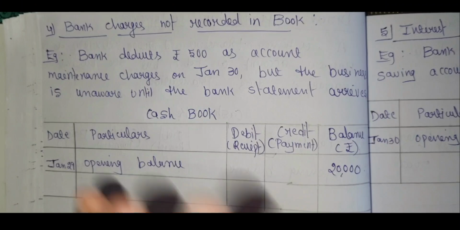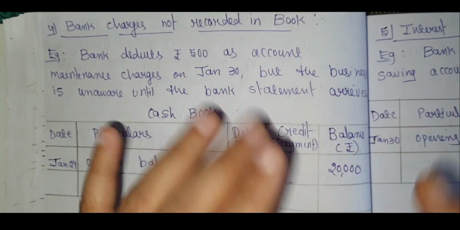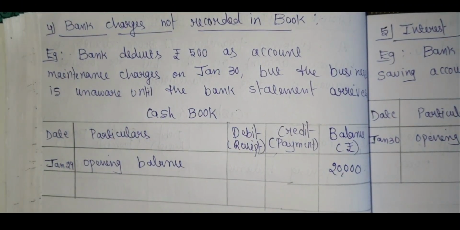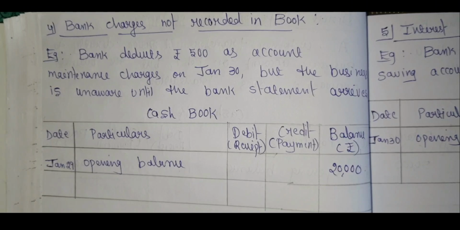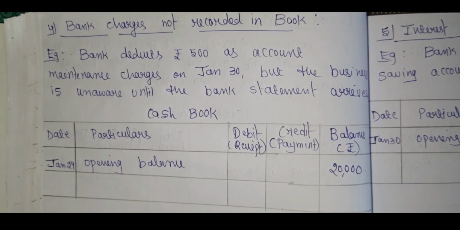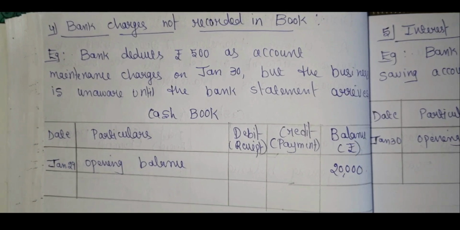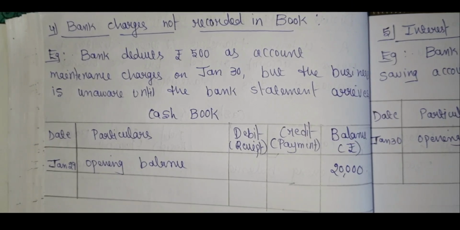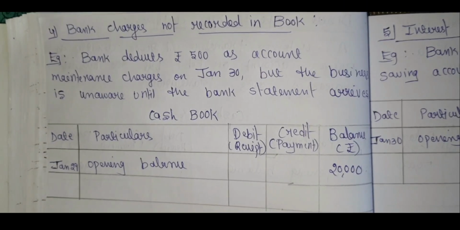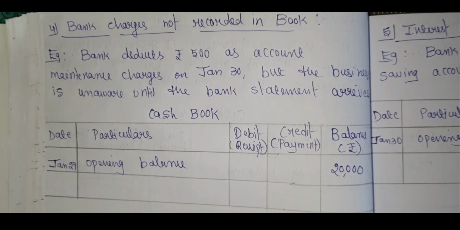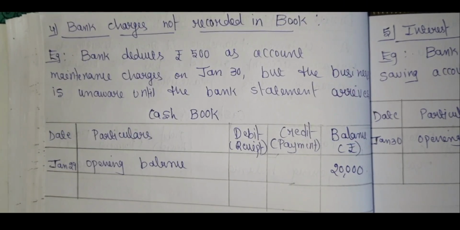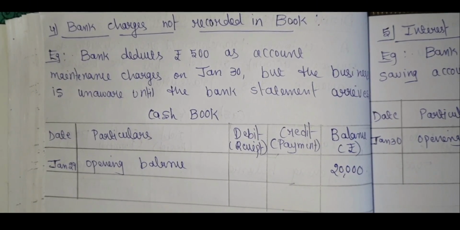But the business may not be aware of these charges. The business comes to know about it only when the bank statement arrives. That is bank charges not recorded in the book, means in the cash book.